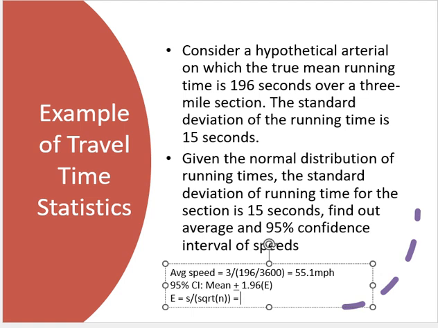Standard deviation. Do we have it? Okay. And N was what? Number of cars, right? Do we know it? No. Okay. Now, this E is the error of a sample. N is the number of cars in your sample.